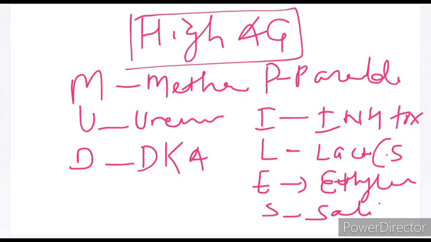In all these conditions we have high anion gap. If we get ABG with high anion gap, suspect all these and rule out one by one.